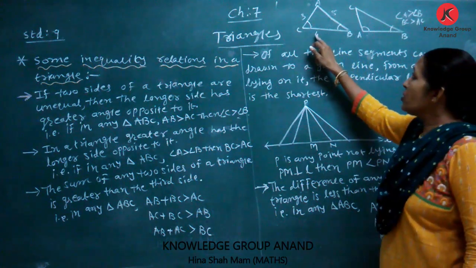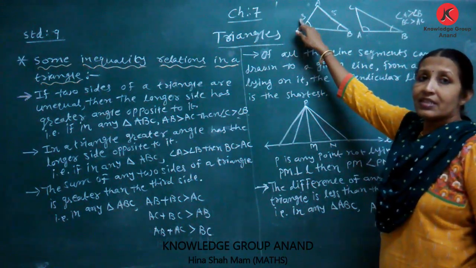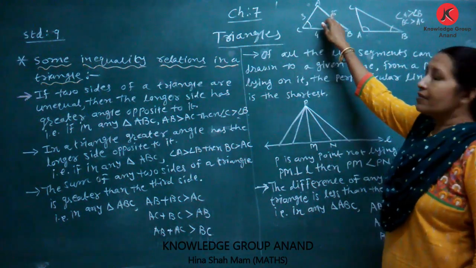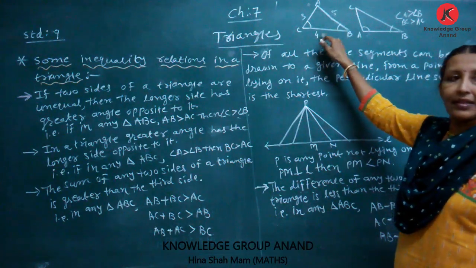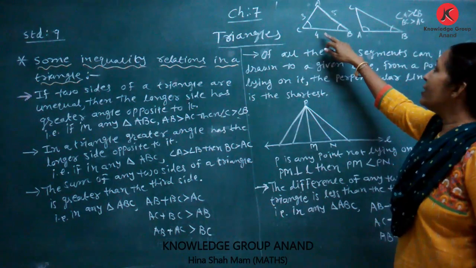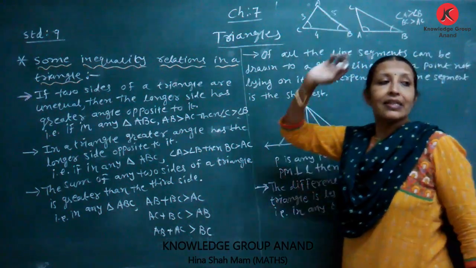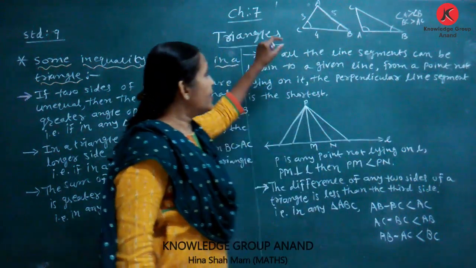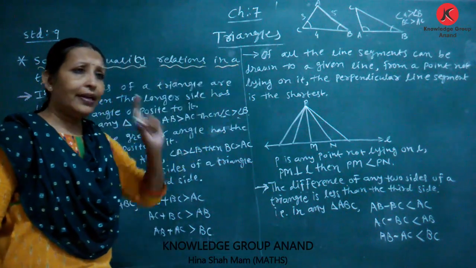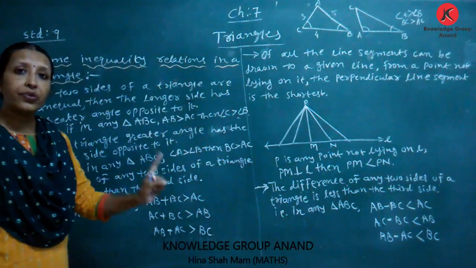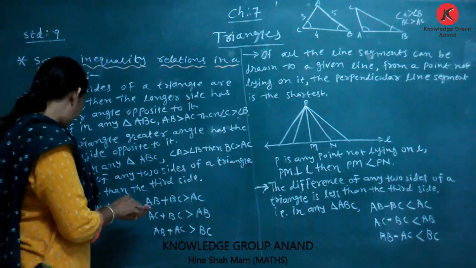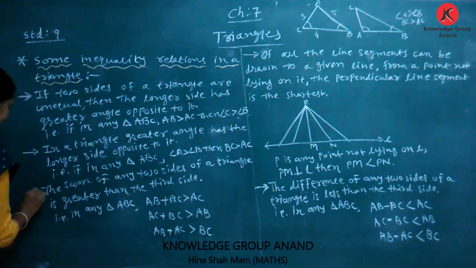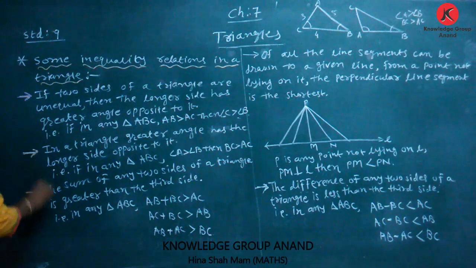In this triangle, 4 minus 3 is less than 5, 5 minus 4 is less than 3, and 5 minus 3 is less than 4.